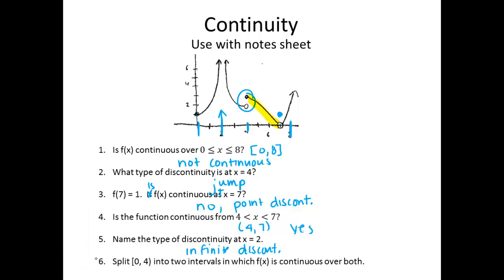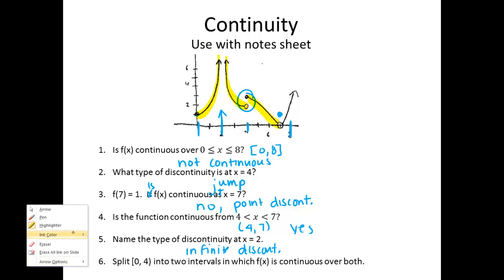I'm going to grab a highlighter again. If I go from 0 to 4, I can be continuous as long as I don't touch 4 or 2. And then I'll go from 4 over here, as long as I don't touch 4 or 2.